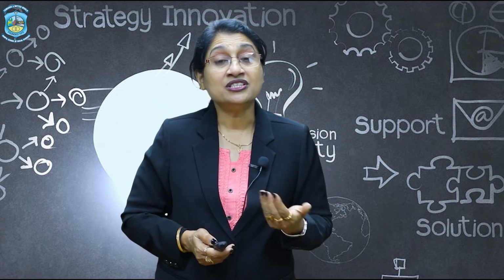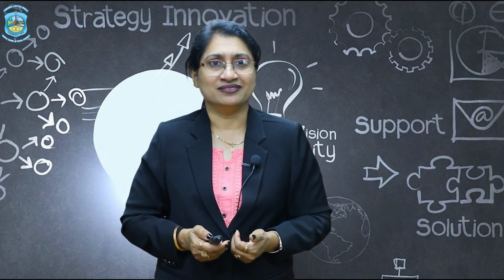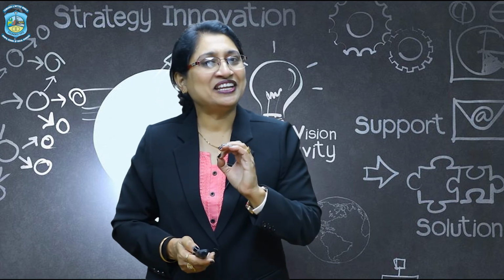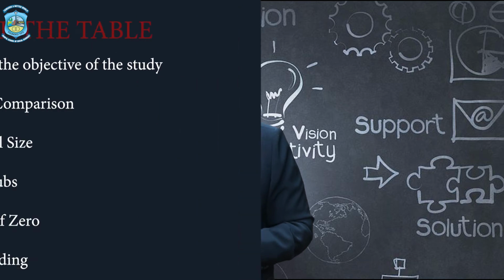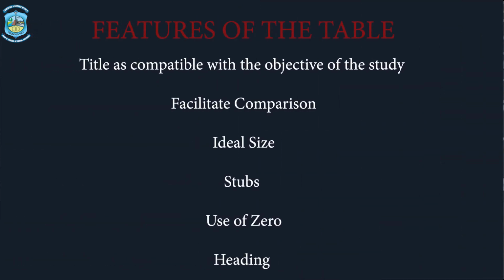Now, what are the features of a good table? Shocked to hear that? Any good table should have features like a title compatible with the objective of the study. It should facilitate comparison. It should have an ideal size, stubs, use of zero, and of course the heading.